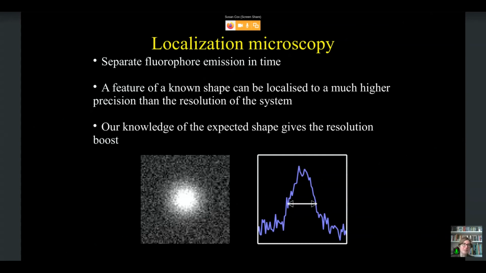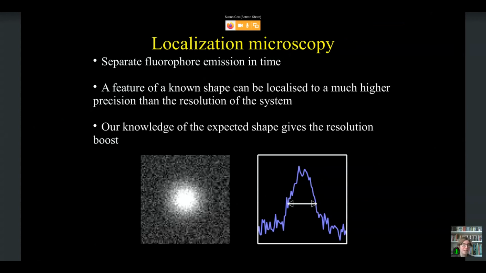Localization microscopy is a technique where we separate fluorophore emission in time and then localize. It relies on the fact that a feature of a known shape can be localized to a much higher precision than the resolution of the system. The resolution of the system is 200 nanometers, but the accuracy with which we can find the position of a single fluorophore is not given by 200 nanometers.